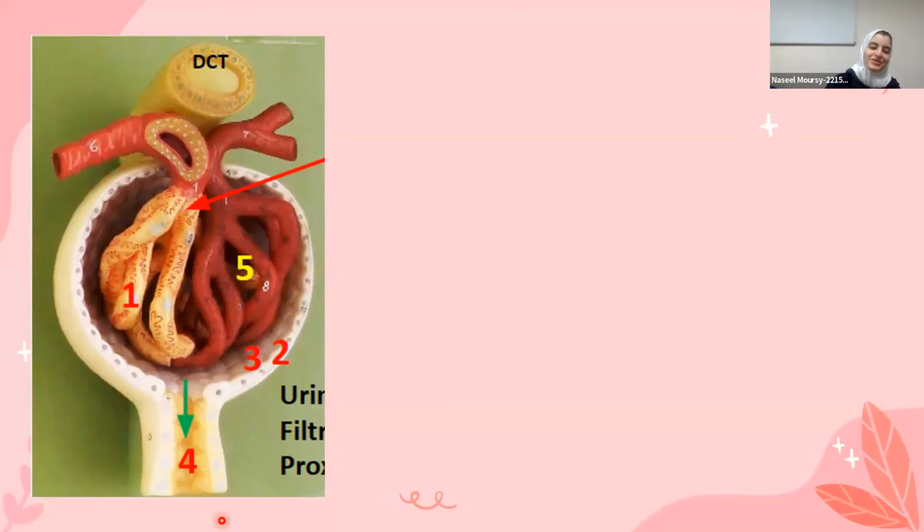So proximal convoluted tubule. But if I want to say it in a histological manner, what would I say? Pars convoluta or recta? Pars convoluta of the proximal tubule. Thank you for writing it out.